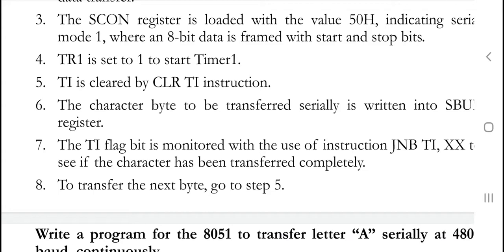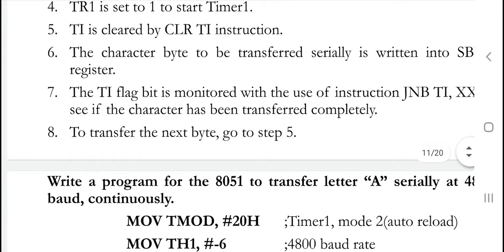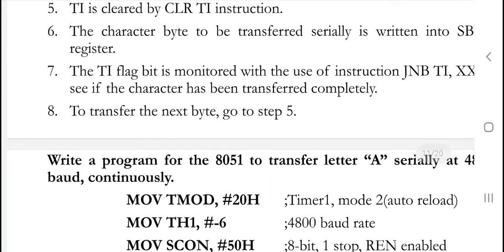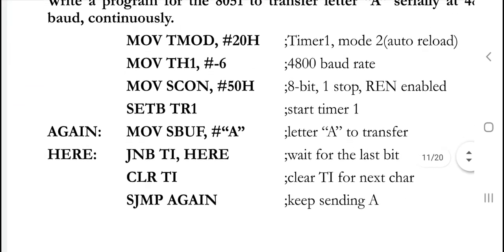It must be cleared for a proper serial transfer, and then jump on no bit. So till the data transfer completes, you start transferring the data by giving JNB.